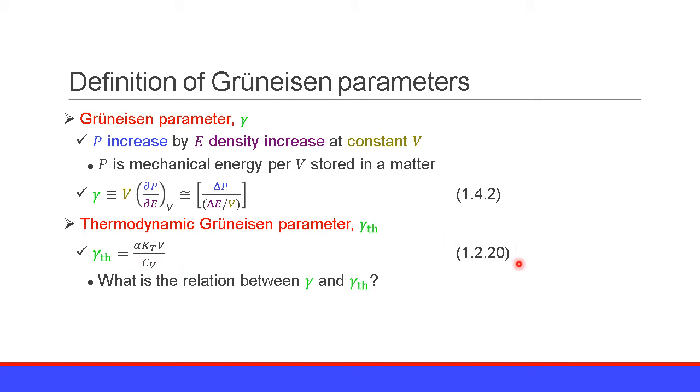Equation 1.2.12. Then an open question is whether the Grüneisen parameter gamma and the thermodynamic Grüneisen parameter gamma Th are identical or not.